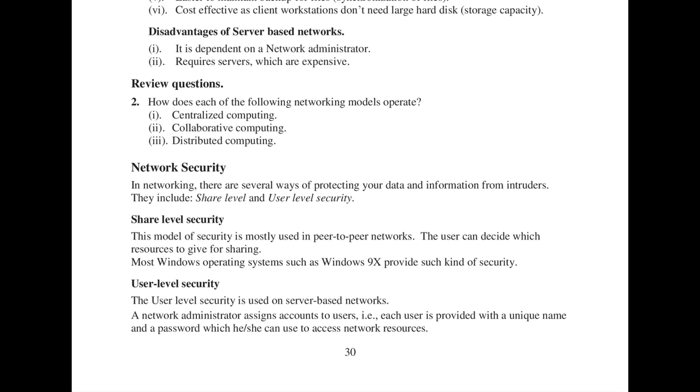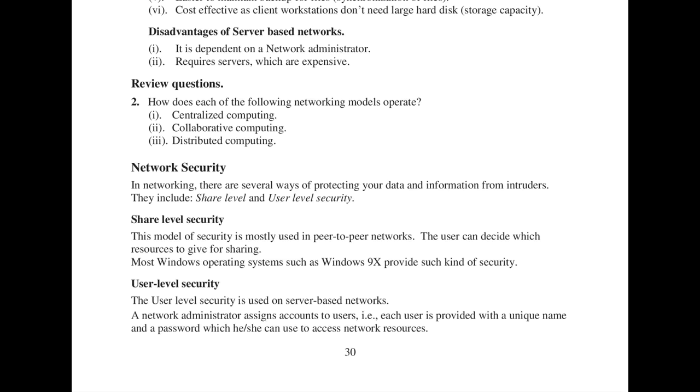That is, each user is provided with a unique name and a password, which he or she can use. For example, look at your Facebook account. For you to access your Facebook account, which is stored somewhere else, we use now this user level security. You must have an account and a password, which is different from your friends.